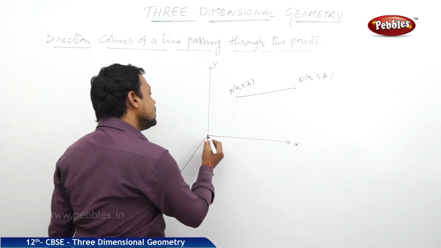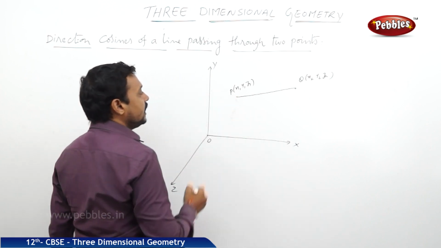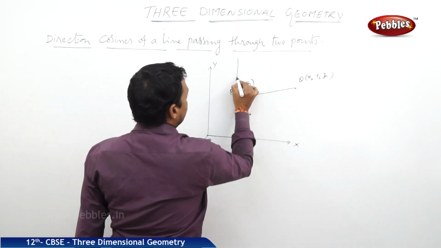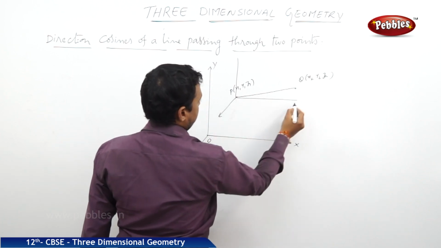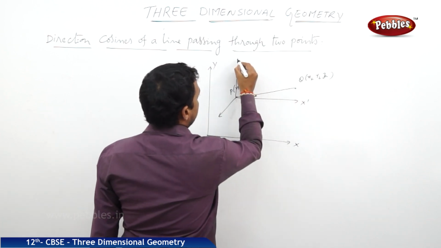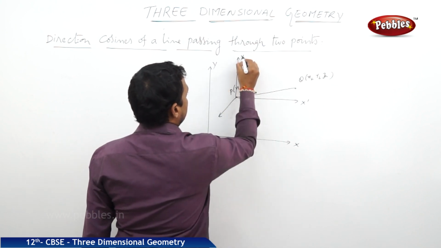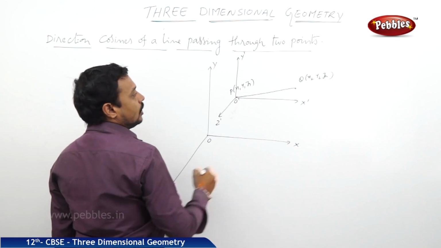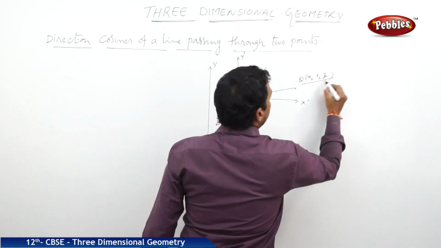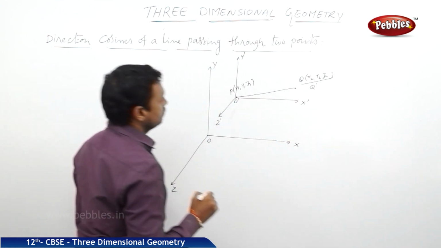Now, when the origin is shifted to P, this is x dash, y dash, z dash, and it is O dash. Now, the point Q changes to some Q dash.